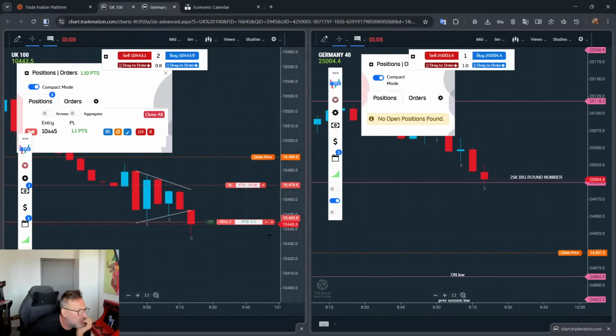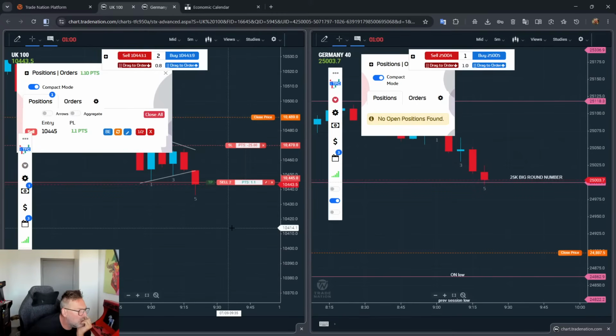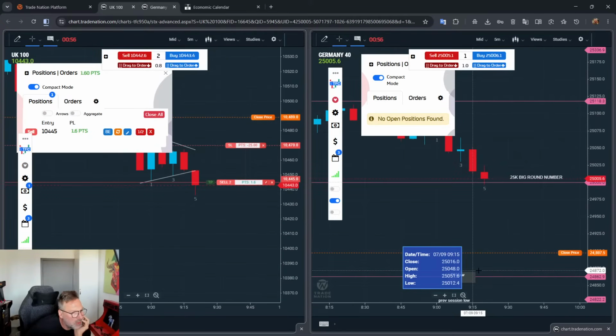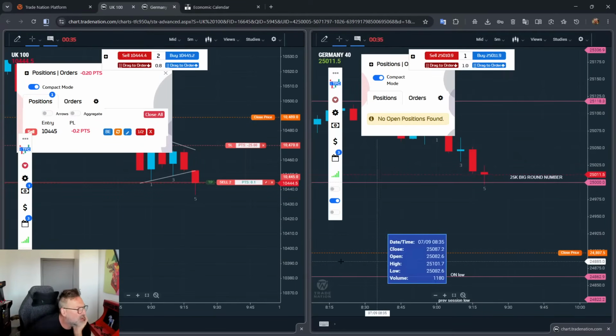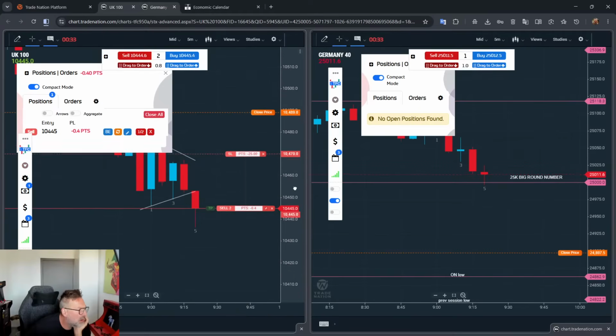Those indices sometimes follow each other, since the economies are somewhat interlinked. Let's wait if we get a close below all of that.